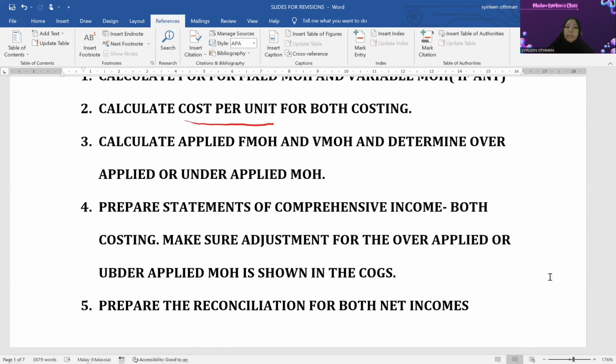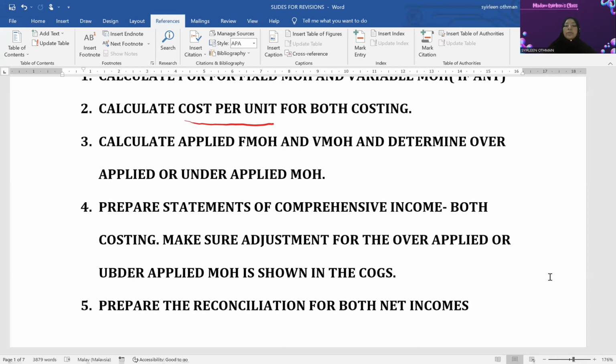Because in the marginal income statement, the fixed manufacturing overhead is missing. It's not added into the cost per unit calculation. So that item is actually missing in the marginal costing.